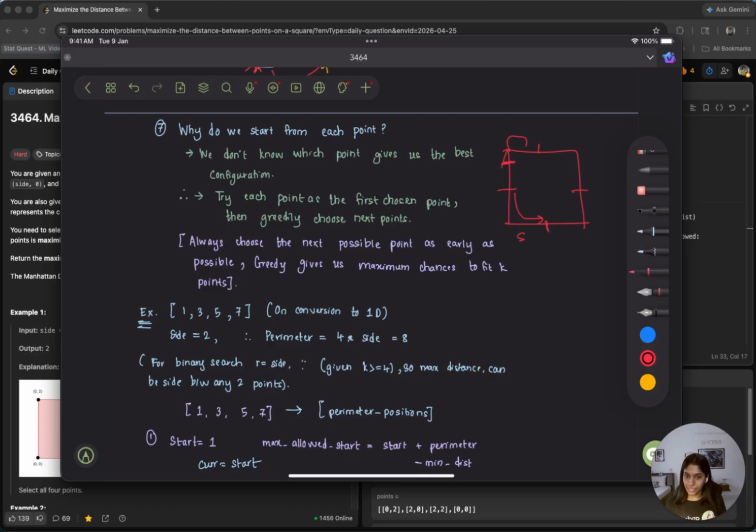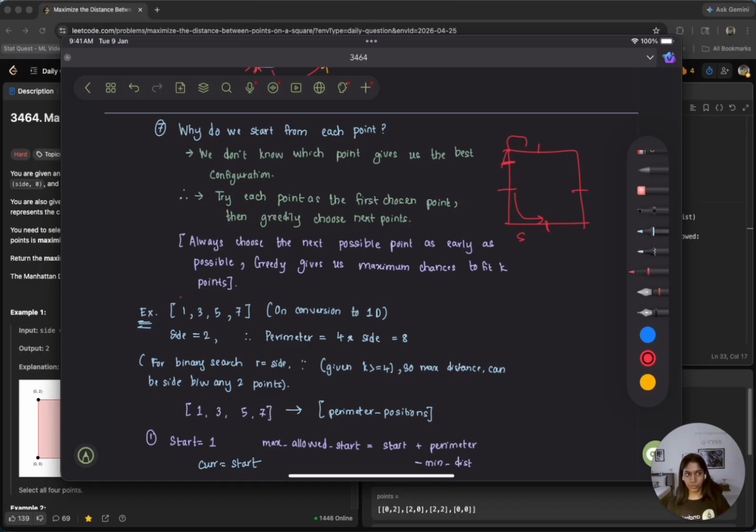We want to be greedy and take the exact next value, because we've already decided what our minimum distance is. So if the minimum distance is 2, and the points are 1, 3, 5, 7, let's say I skip 3 from 1 and go to 5. Why would I want to maximize the distance between the current point and the next point?